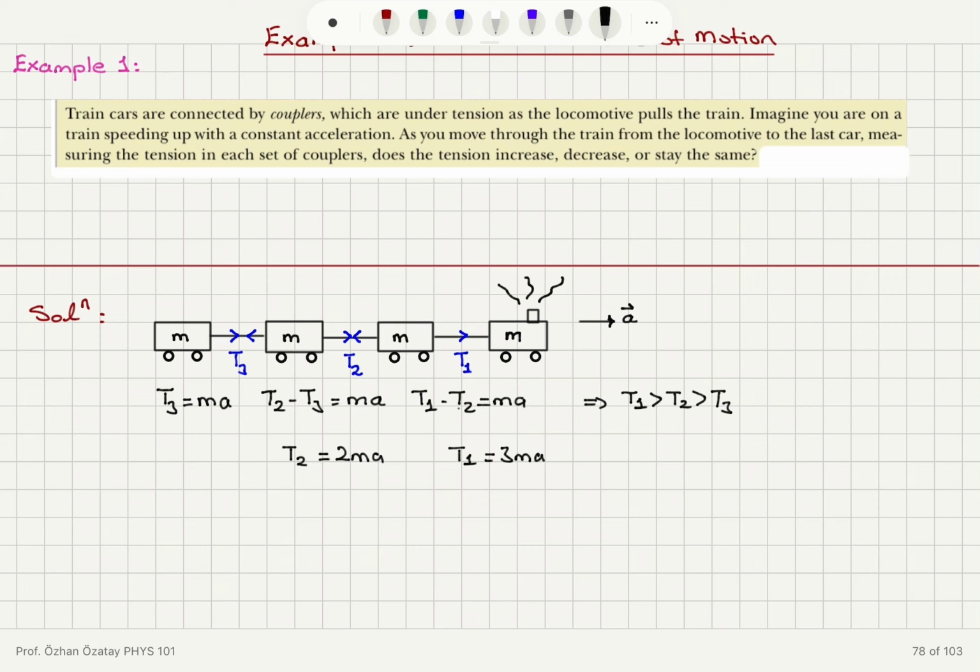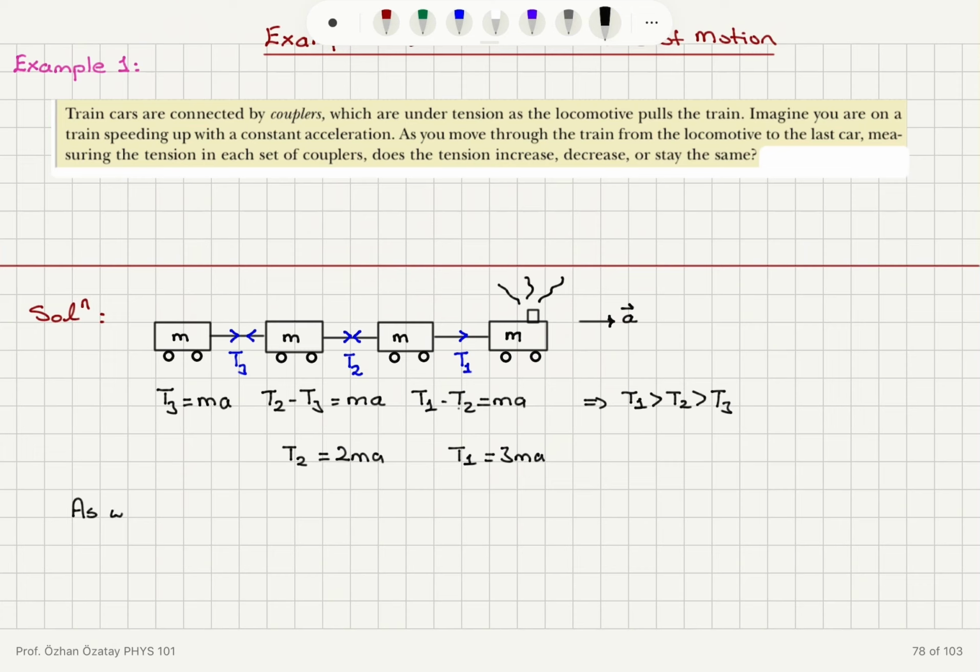Therefore, when I move from the locomotive to the last car, from T1 to T2 to T3, I see that the tension on the set of couplers is decreasing. So let's write this observation.